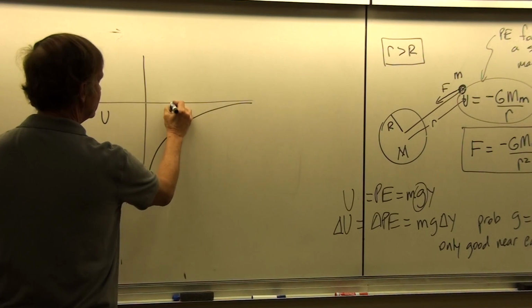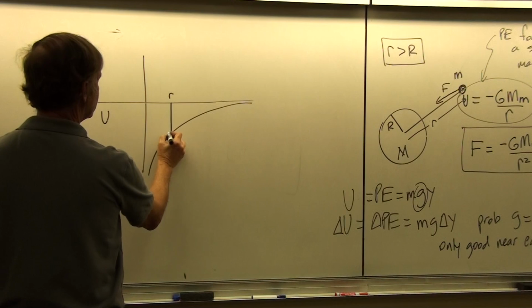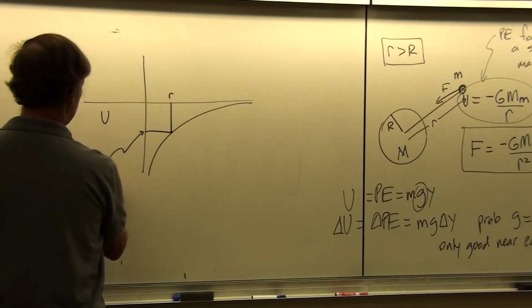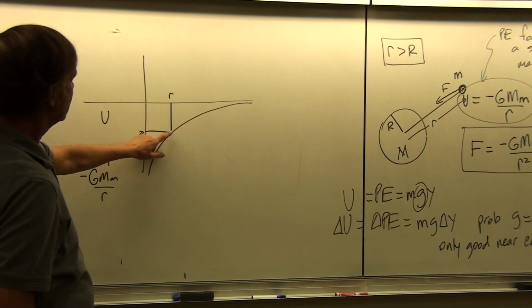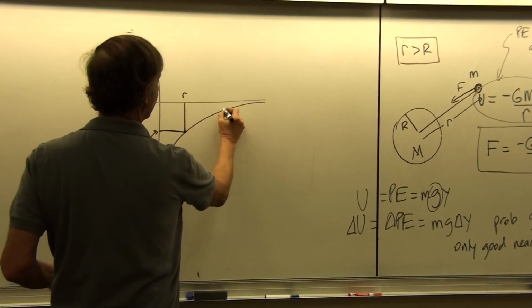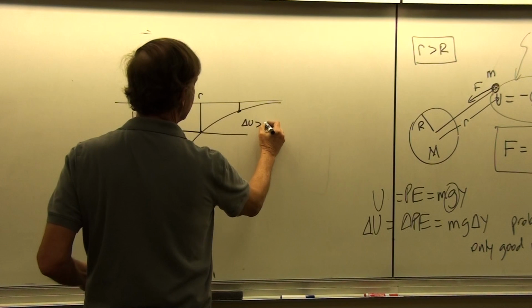And so for a certain distance away, this U value here is going to be minus G big M little m over r. But I can still increase the potential energy by going a farther distance away. And so delta U here is still greater than 0.